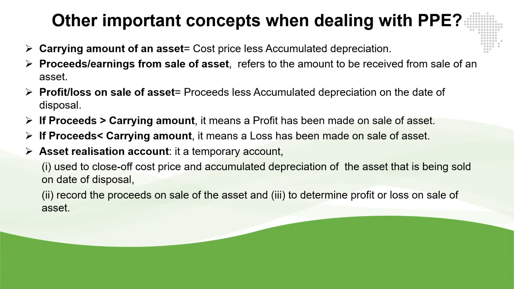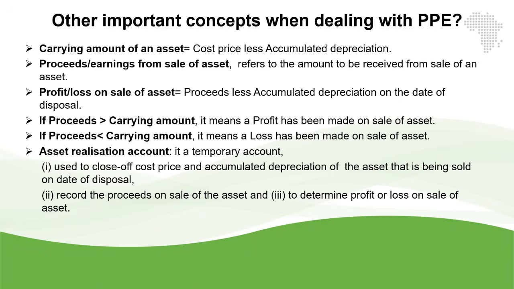As we sell that asset, we can either make a profit or a loss on the sale of that asset. But how are you going to calculate whether there was a profit or loss on the sale of that asset? Generally, you say proceeds less your carrying amount, then you will see whether you've made a profit or a loss.